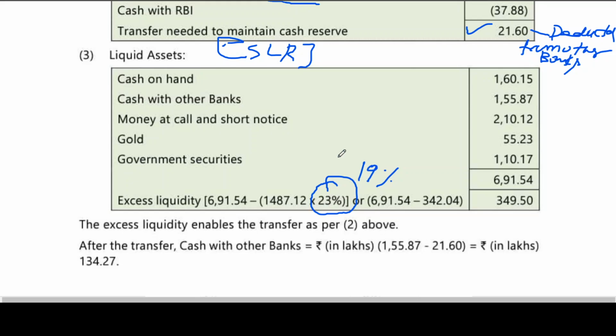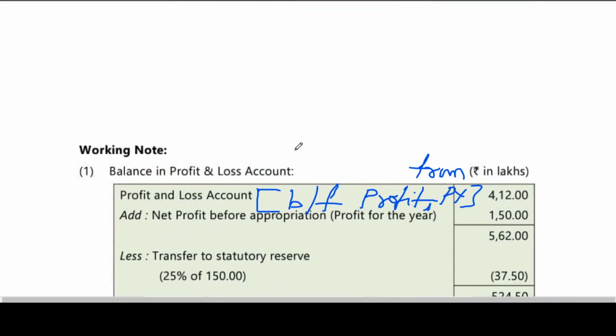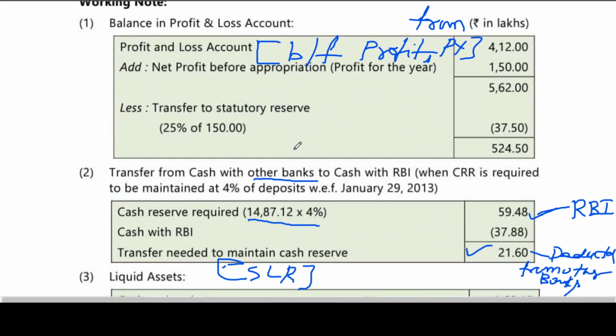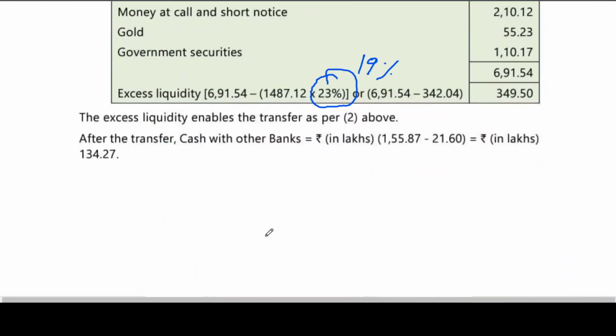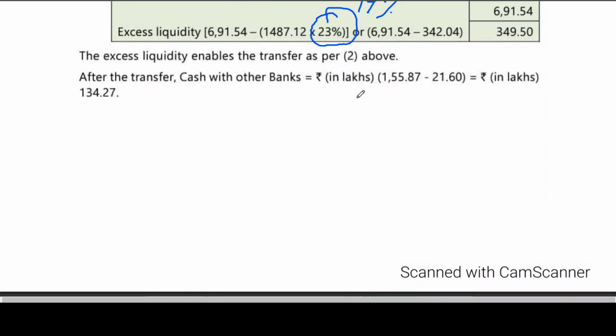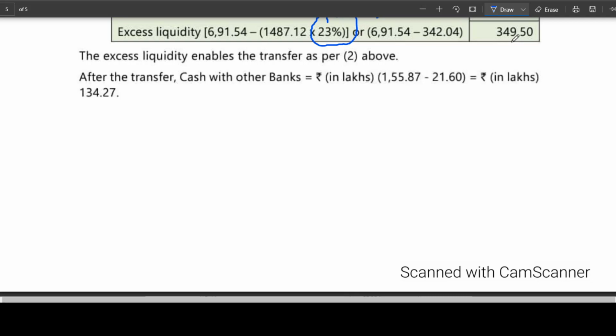SLR is to be calculated on deposits. What is deposits here? 1487.12. Is this clear to all of you? Right. So we got an excess of 349.5.